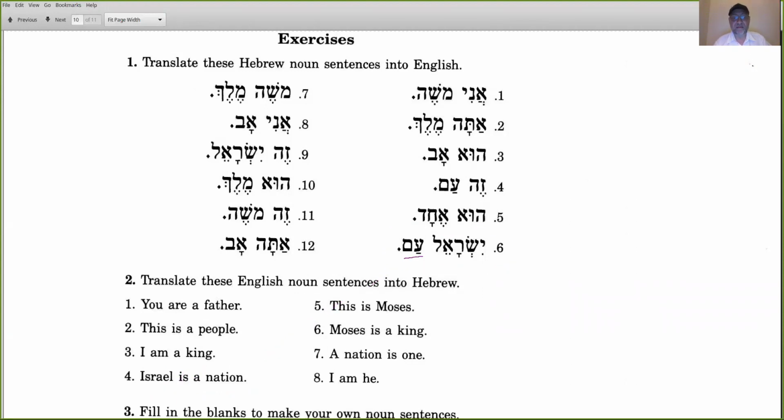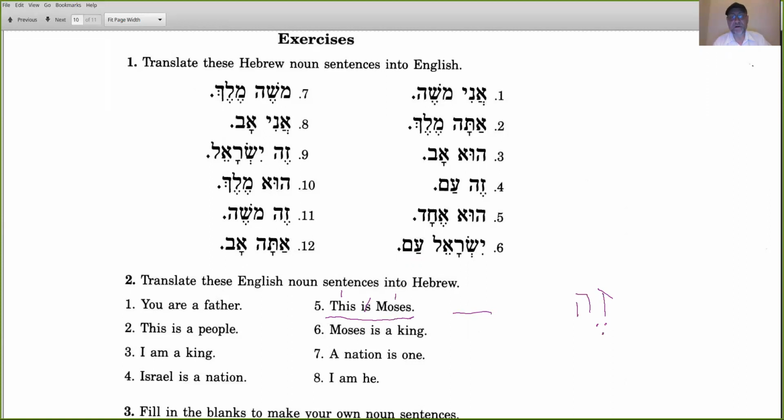Okay, number 5. This is Moses. Okay, so we need to worry about this and Moses. This is Zeh in Hebrew, right? And Moses is Moshe. So I'm going to do it over here. Let's write Zeh. We have a Zayin, segol, hey, we get ze, this.